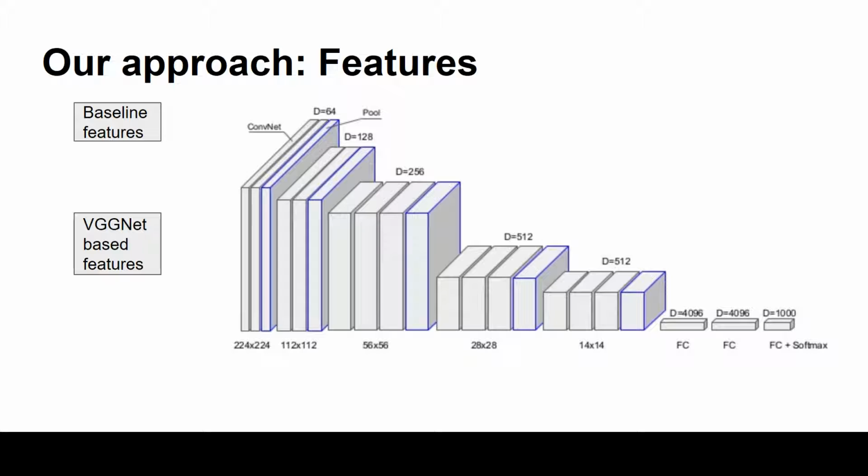As we can see, going from left to right, we have several convolutional layers of different dimensionality. Starting from 224 cross 224, we end up at a convolution of 14 cross 14. And then finally, we have a few fully connected layers, and then the final softmax is the predictor for class.